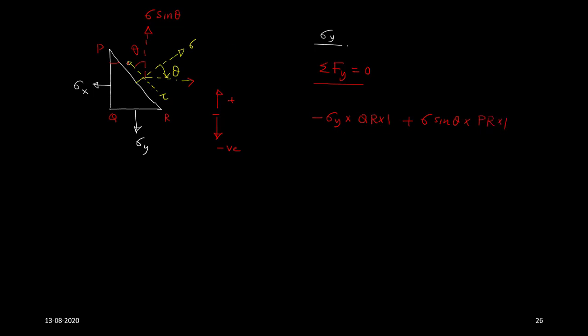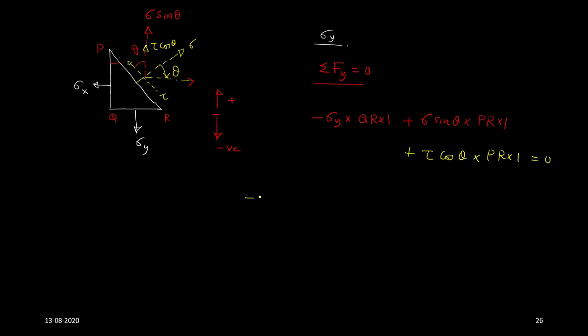And due to this shear stress tau, so this angle is theta, this will also have a vertical component. So this tau will have a vertical component, this will be tau cos theta. So that will create a force, that is tau cos theta into PR into 1, equal to 0.